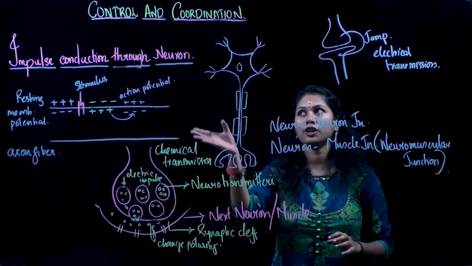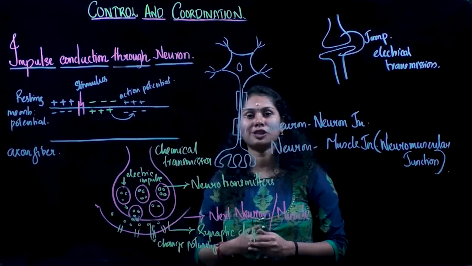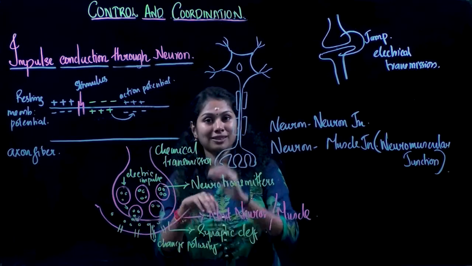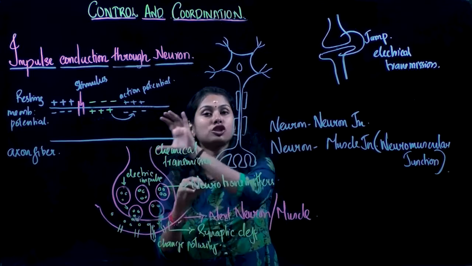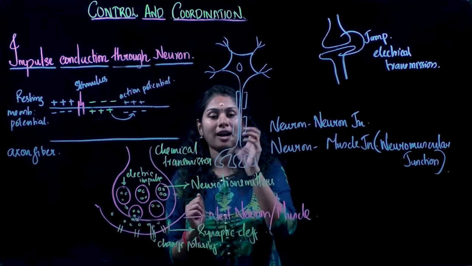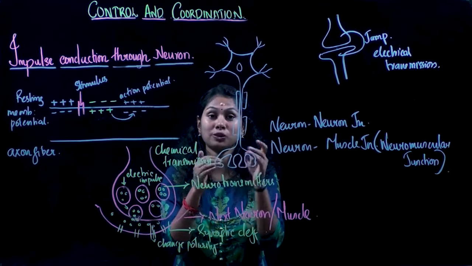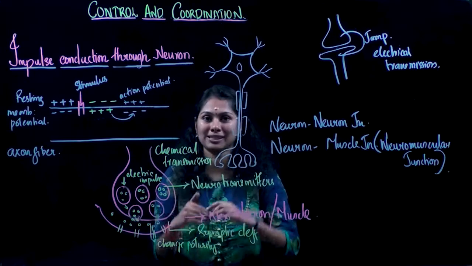So in this video on impulse transmission, we have seen how an electrical disturbance, that is an impulse, moves through an axon membrane, and how it is transmitted from the end of an axon membrane to the next neuron or to a muscle.